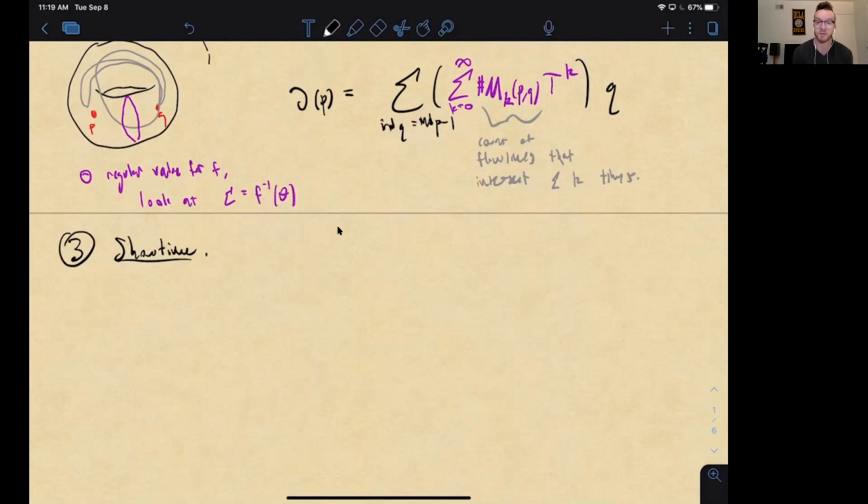For example, if we want to show that D squared is 0, we have to understand broken flow lines, or look at a boundary point of a moduli space. And the main example that I'm going to do is the gluing necessary to show that D squared is 0. So at the end of the day, yes, you should get a genuine homology theory.